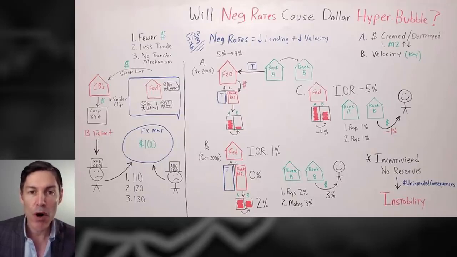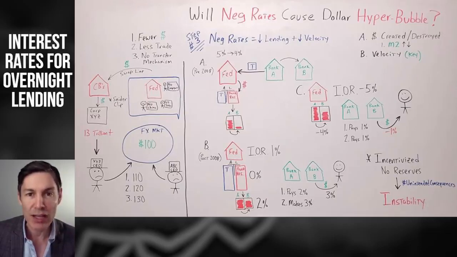This creates more reserves, bank reserves, in the system. Therefore, if Bank B needs to borrow money from Bank A overnight, there's more money in the system. Therefore, interest rates for the overnight lending most likely go down. Just simple supply and demand.